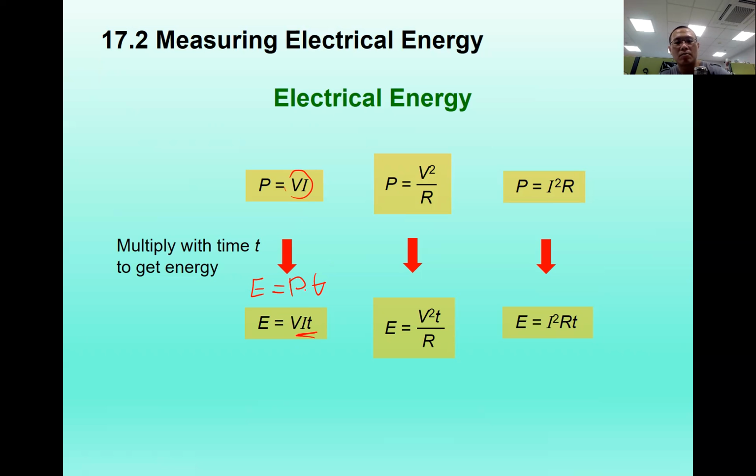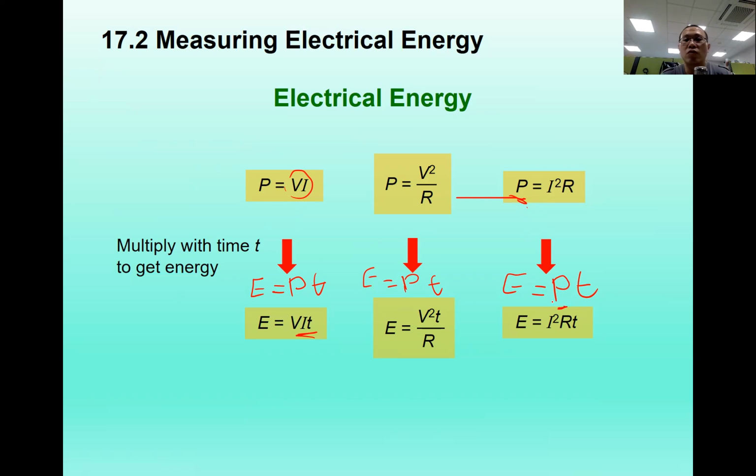And same thing, because energy is power times time, if I substitute power V square over R, I will get various permutations of the energy formulas. So I will get V square T over R, or even I square RT. It depends on how you permute the formula. For example, for I square R, if I substitute it into energy equals power times time, I will get I square RT.